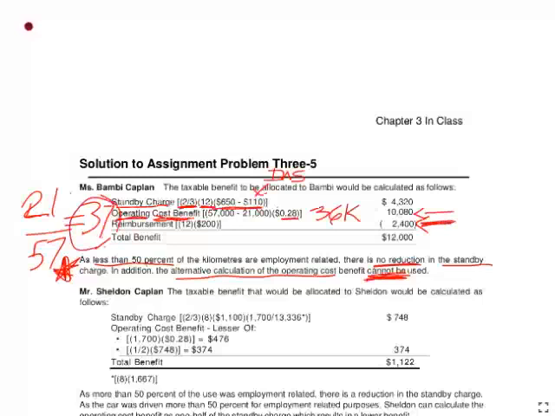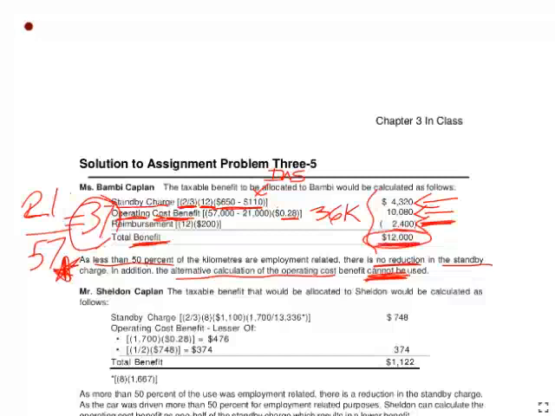If there is no insurance involved in the lease payment, you don't have to do anything. When there's insurance involved, take it out. We just want the raw lease payment, HST or GST included. Now, HST and GST is not mentioned here in the question, but if it was, you want to make sure it's included. That's part of the benefit. So that gives us our standby charge benefit. We add all of these together, and she has a total benefit of $12,000.